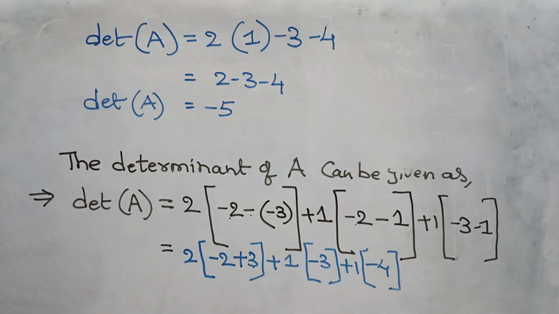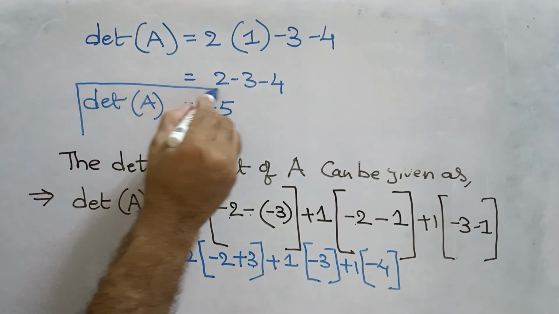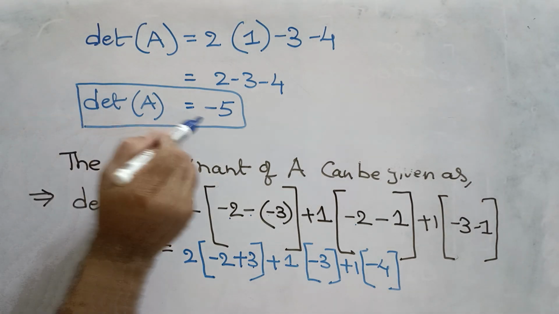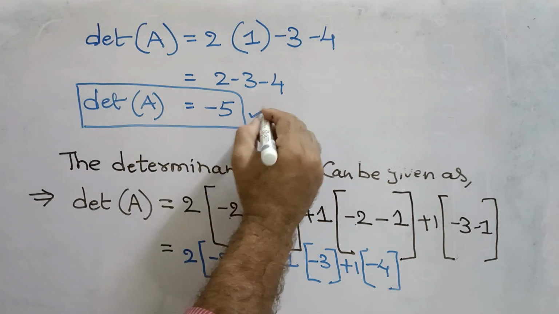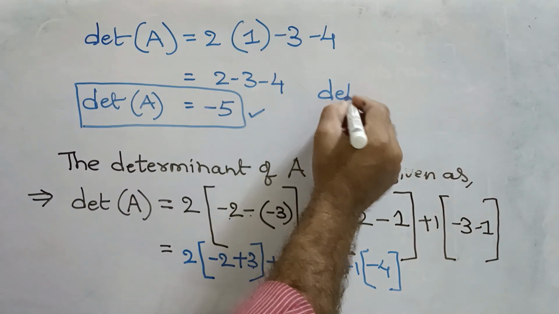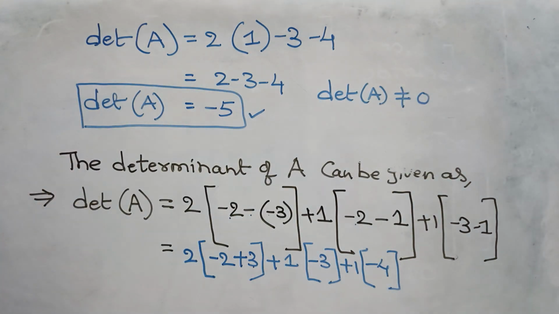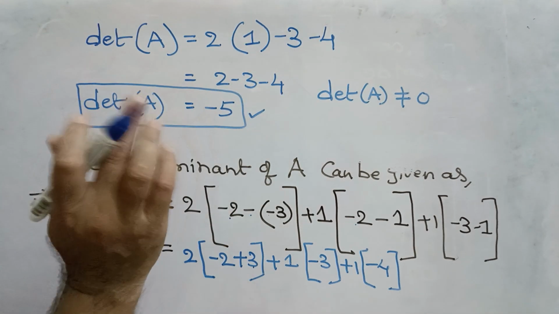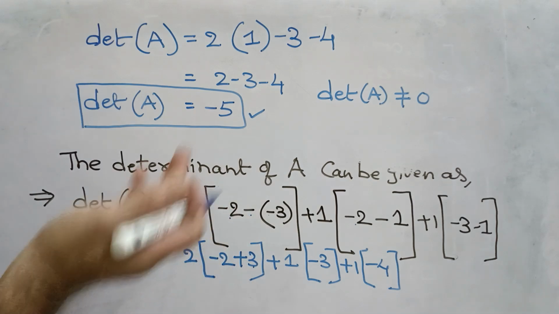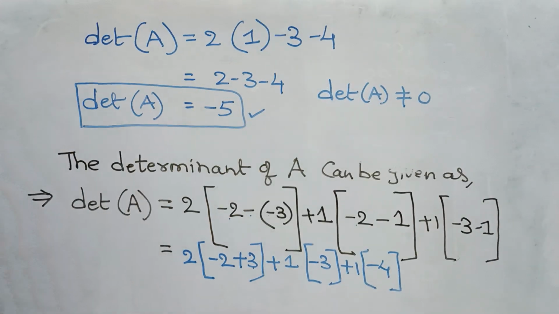Here is one important point I would like to explain, remember very carefully. Your determinant value here is minus 5. Remember that. The determinant of A should not be 0. Once the determinant of A is 0, then the given matrix will not have any inverse.